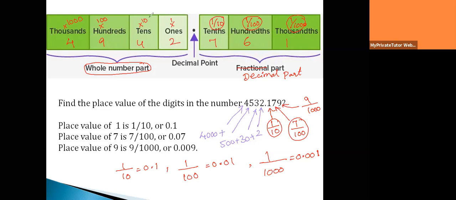Let's try one more question on the whiteboard. 45.9237. So what is the place value of 4, and place value of 5? The place value of 5 is 5 because this is at ones place.